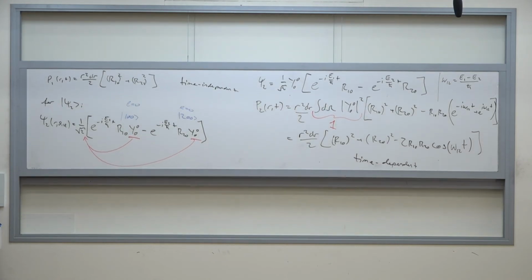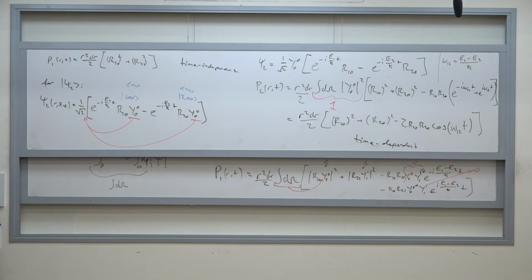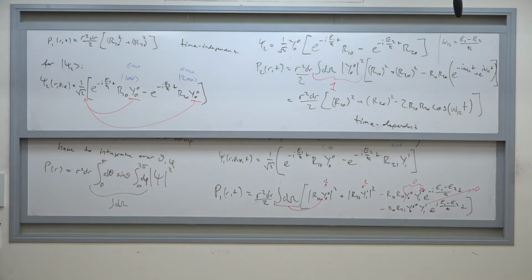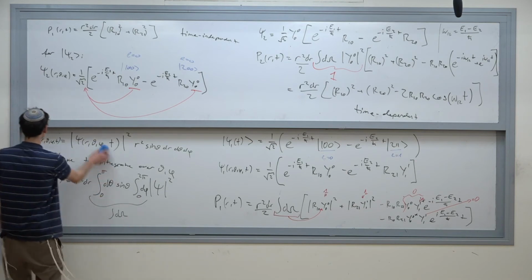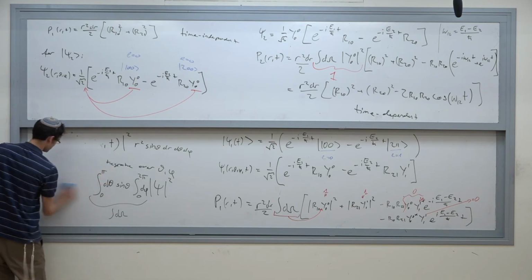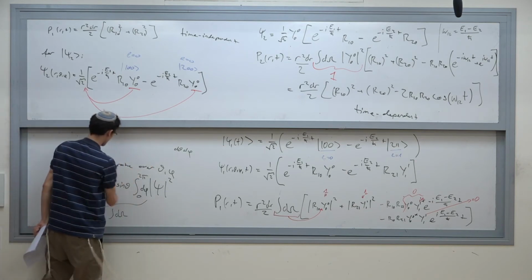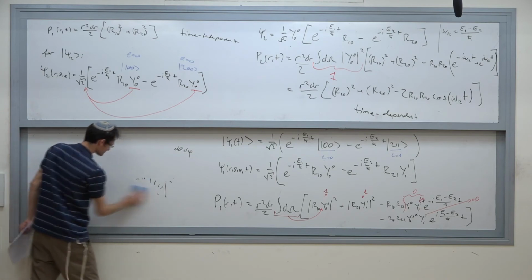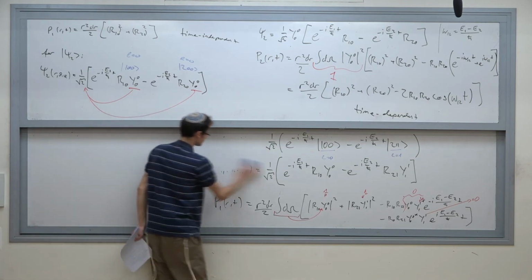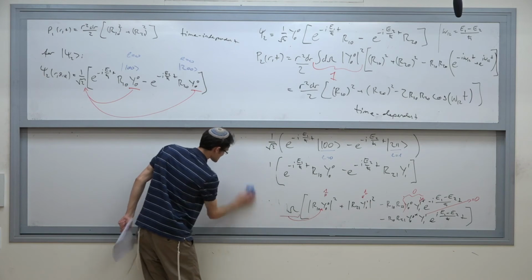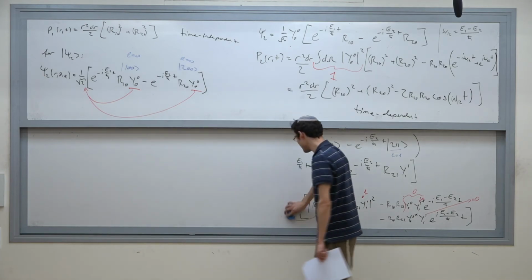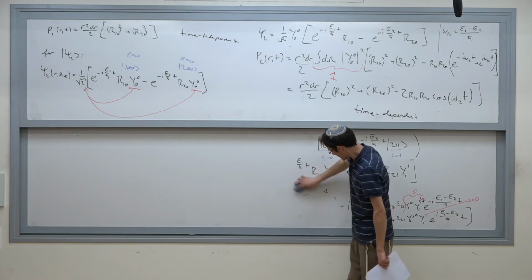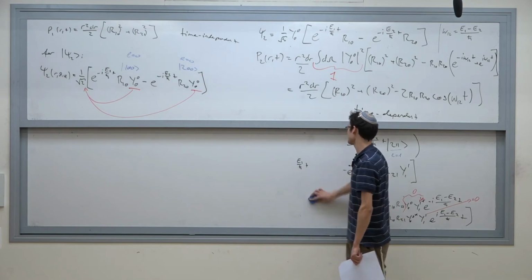Okay, we have another 10 minutes. In this 10 minutes, let's discuss the Zeeman effect. So we're now going to take our hydrogen atom and we're going to pull it inside a magnetic field.